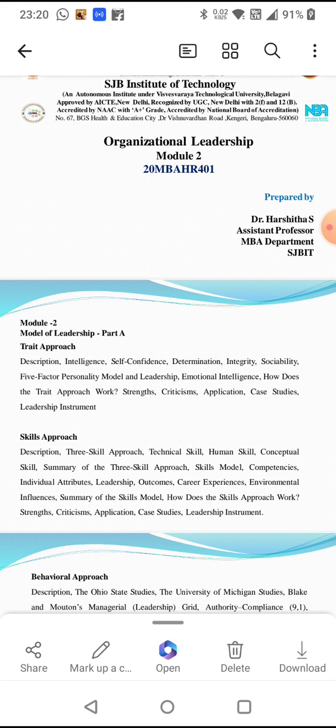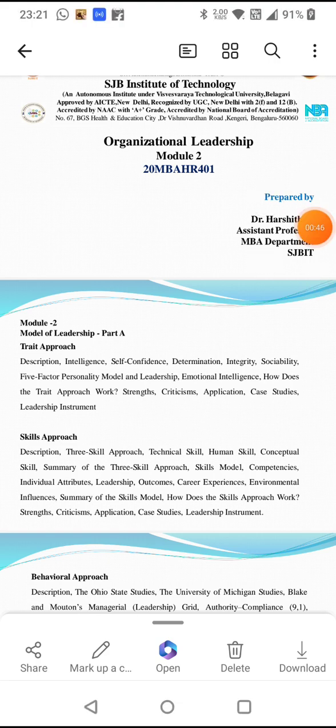First is the trait approach. Here you need to describe the different traits, and what are the strength, criticism, and application, including the case studies and leadership instrument for trait.